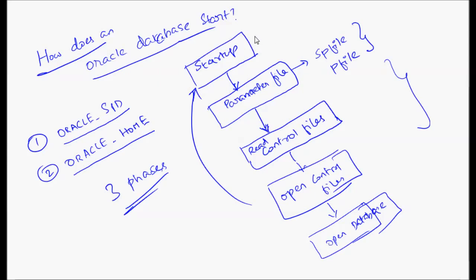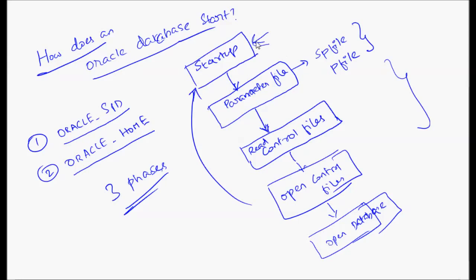When you start a database, you issue a startup command, and the first thing it looks for is the parameter file. Depending upon the configuration of the system, it knows where the parameter file is. If not, we need to specify that manually. Right now I'm not going to get into how to specify this manually, so I'm going to keep things as simple as possible.